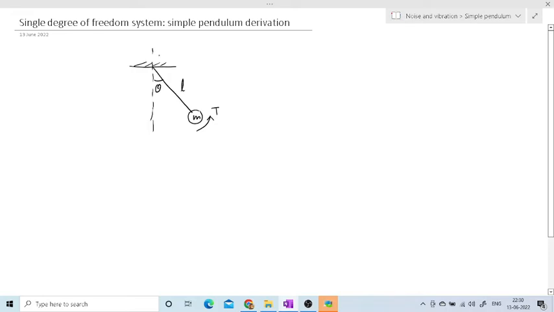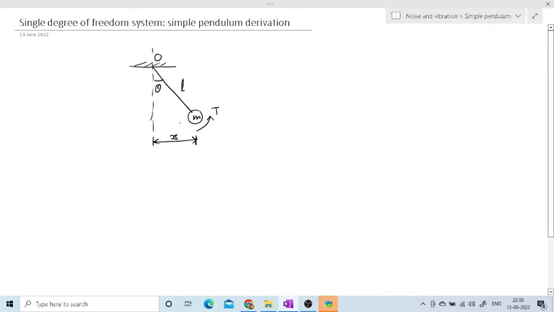Now in this pendulum, while deriving the equation for natural frequency, consider the linear displacement in x direction to be x. So the linear displacement from the mean position is x.